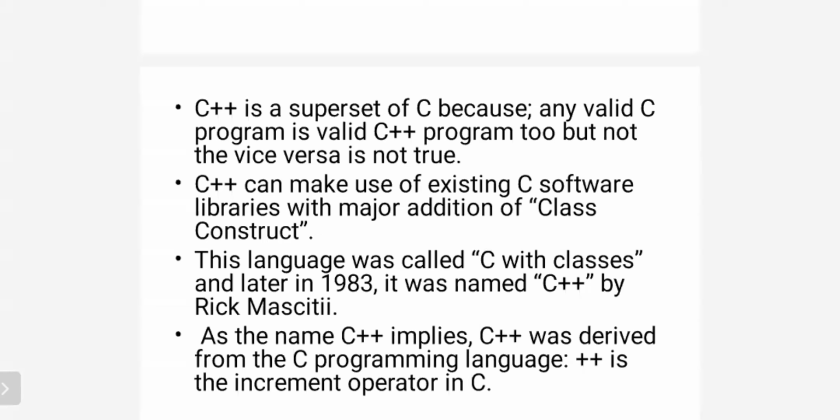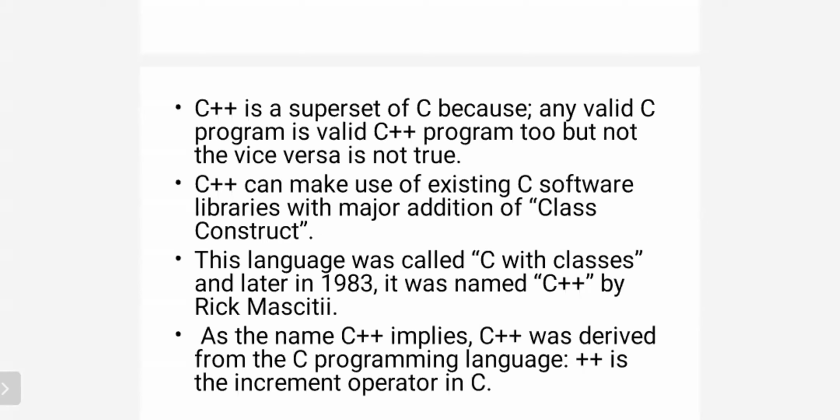Next, this language was called C with classes. Why is it called C with classes? C++ was introduced from the C language, and here it is object-oriented programming. In object-oriented programming, classes are used to construct the programs. That's why we call the C++ language C with classes.